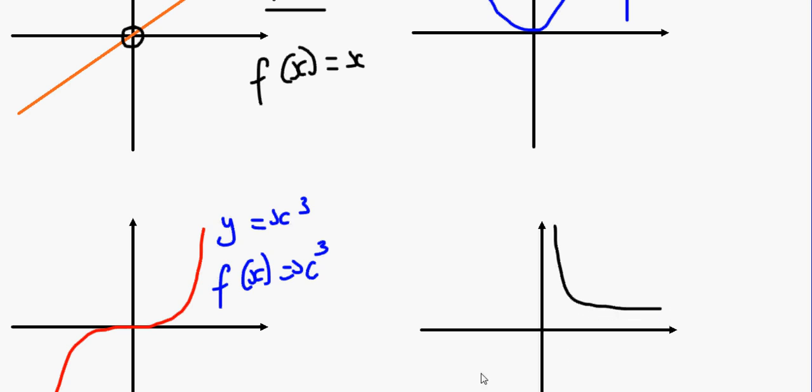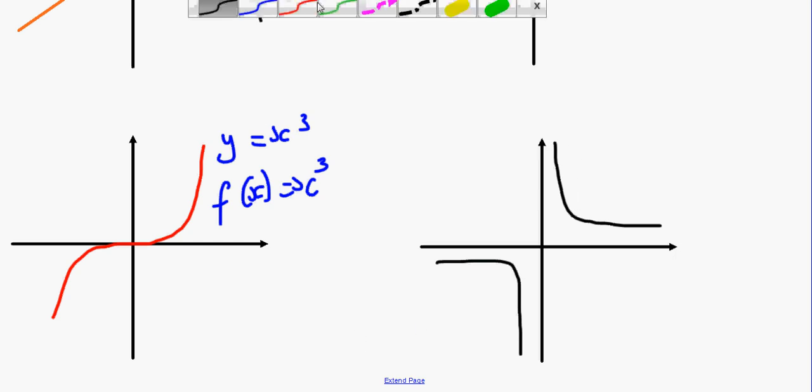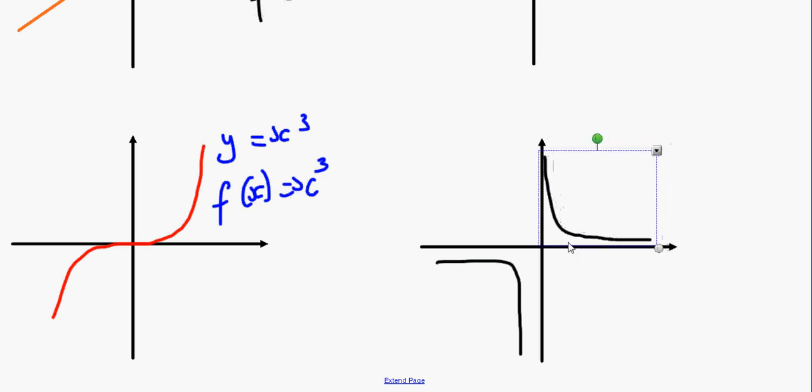It is f of x equals 1 over x. And as you can see, it's not really drawn out properly, but there are asymptotes over here. Asymptotes are basically where the graph nearly touches the x-axis, but it doesn't.